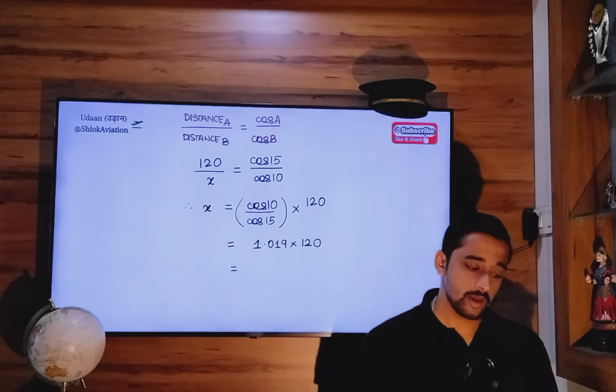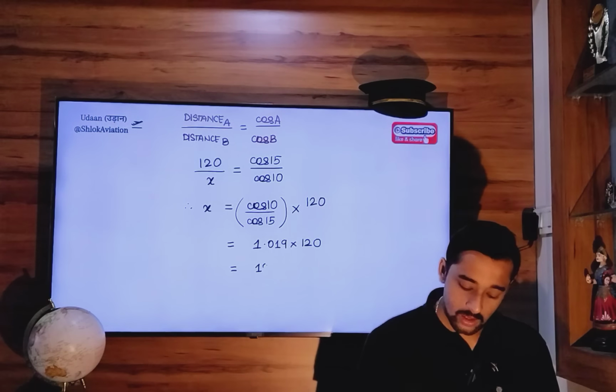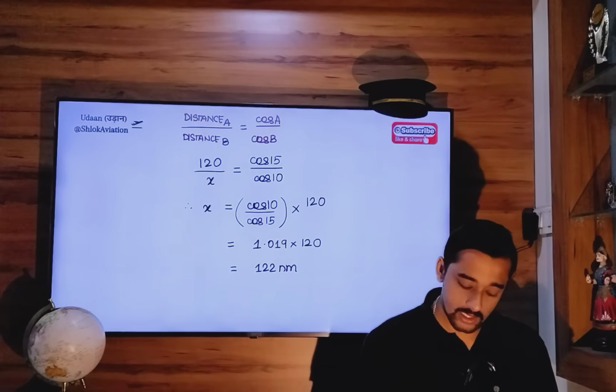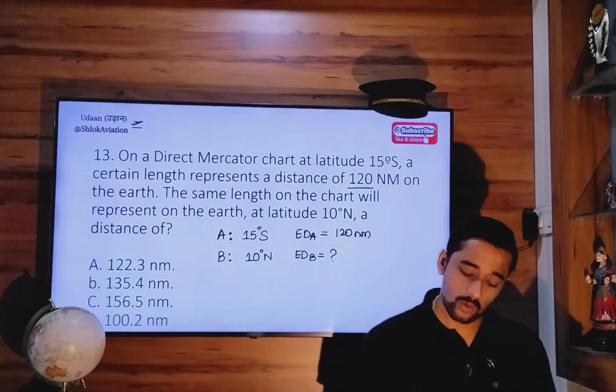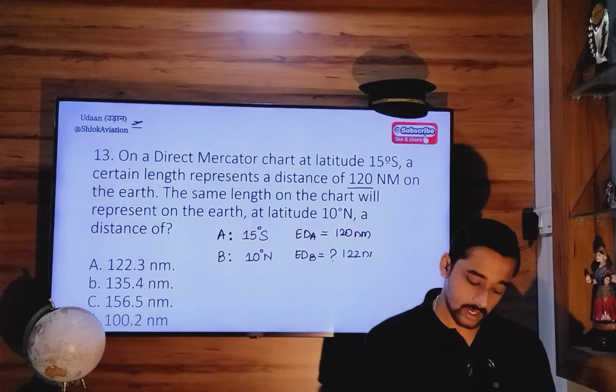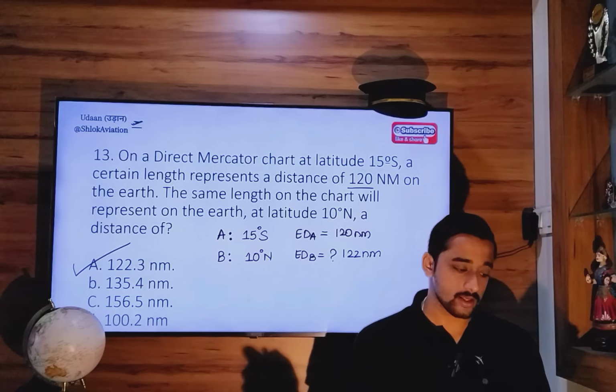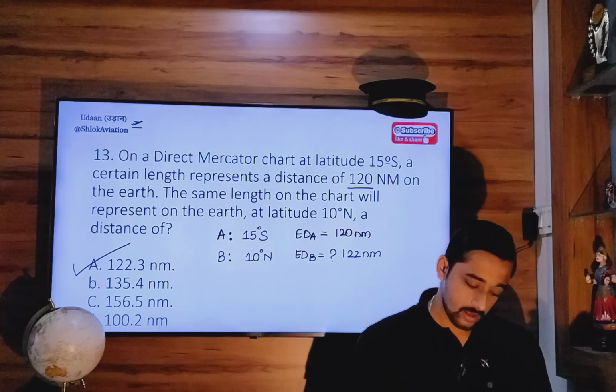The final answer will be 122 nautical miles. So earth distance at 10 degree north latitude will be equal to 122 nautical miles. So option A is the correct answer, 122.3.